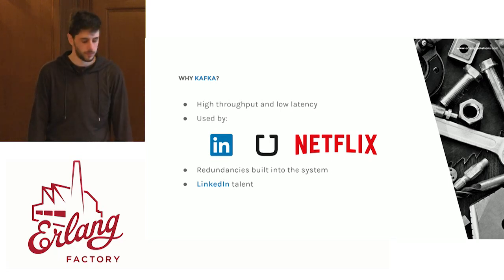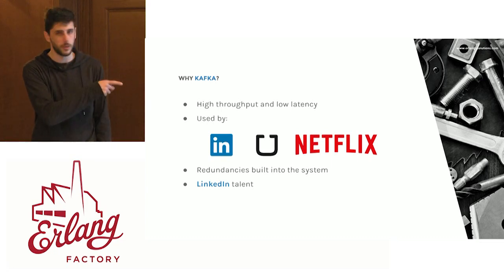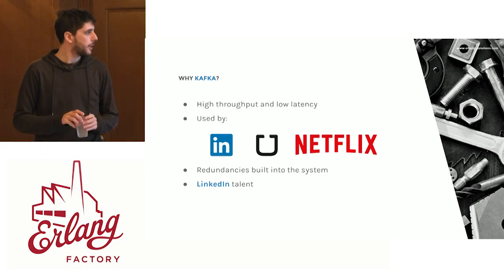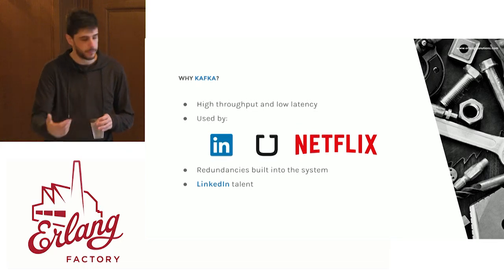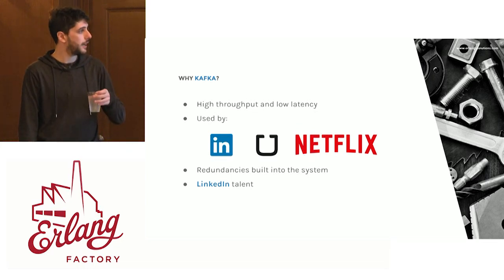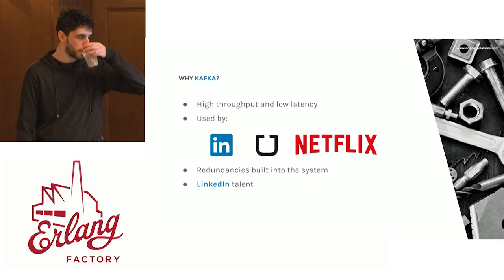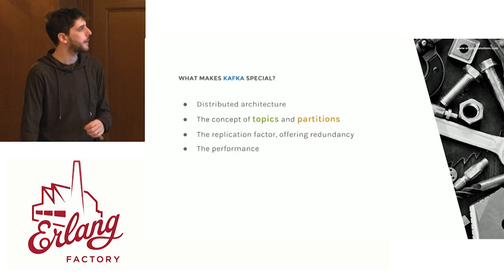Those are the most famous ones. So we knew that if it handles whatever volume LinkedIn can throw at it, then we are just safe. We're good to go. Also, the redundancies are great because, again, we are forced to have a bunch of redundancies. And our data engineering team comes from LinkedIn, so it was an obvious choice for us.